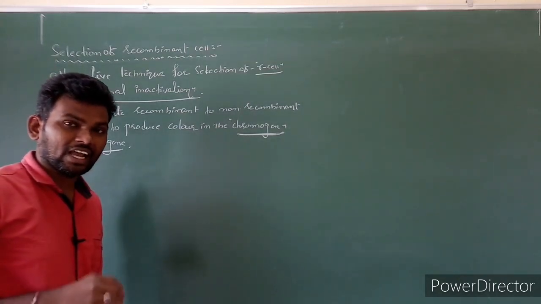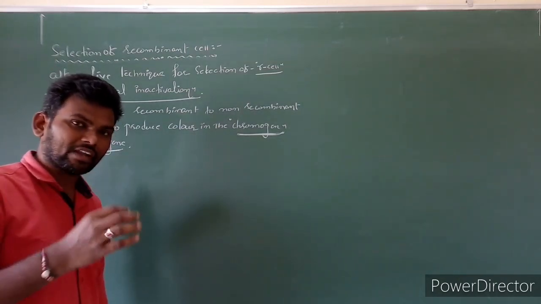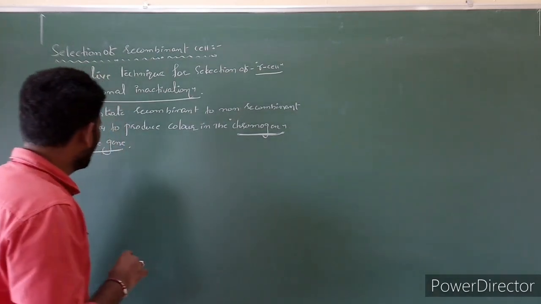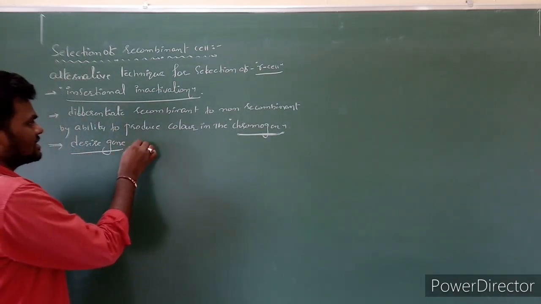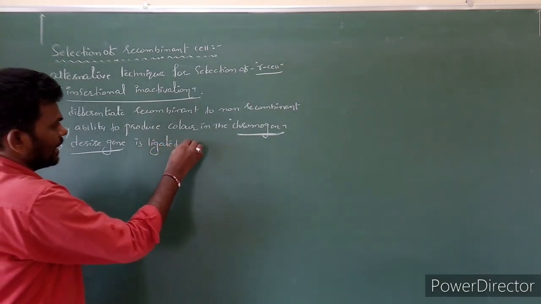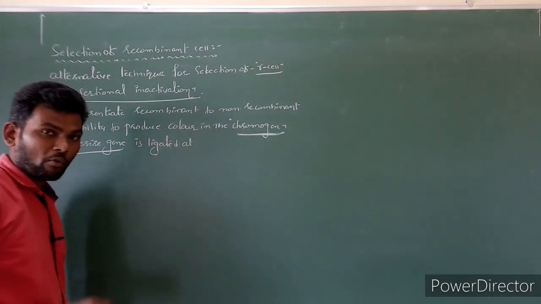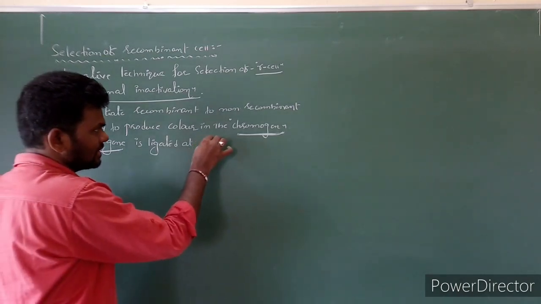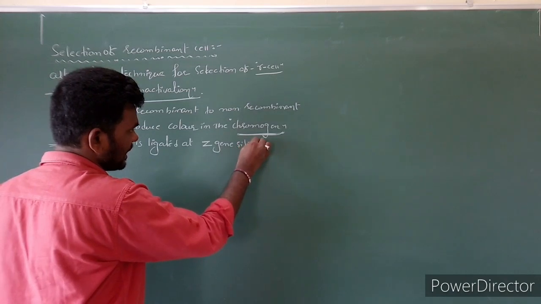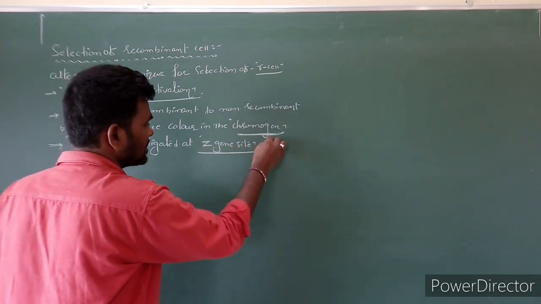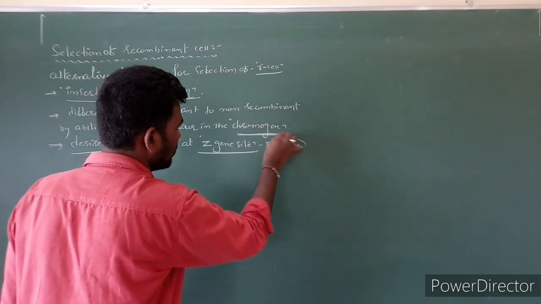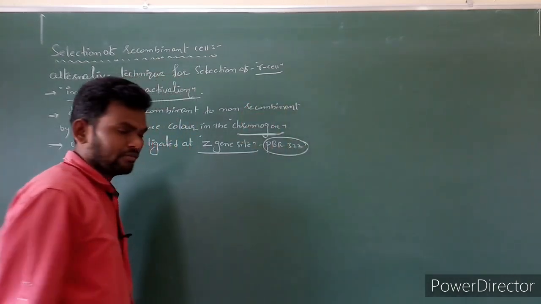Desired gene, alien gene, foreign gene, wanted gene, these are all the same. The desired gene is ligated at which site? The Z gene site, which is already present in the pBR322 plasmid.